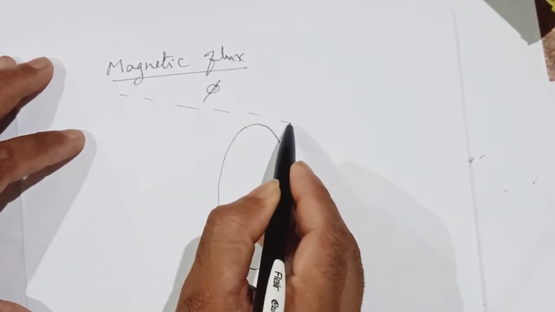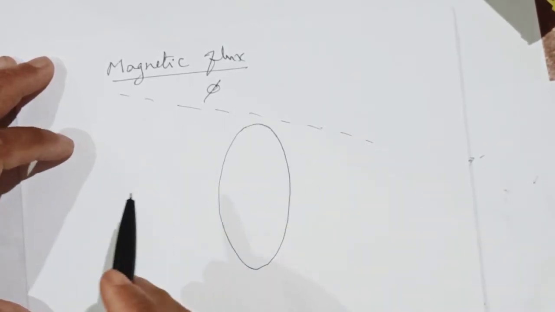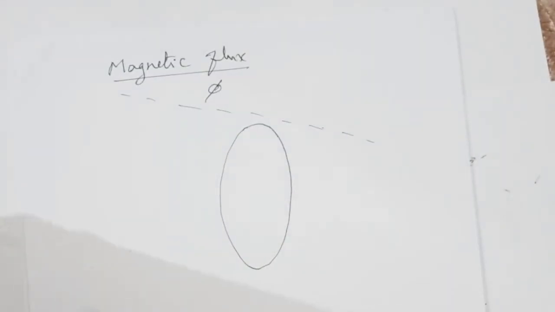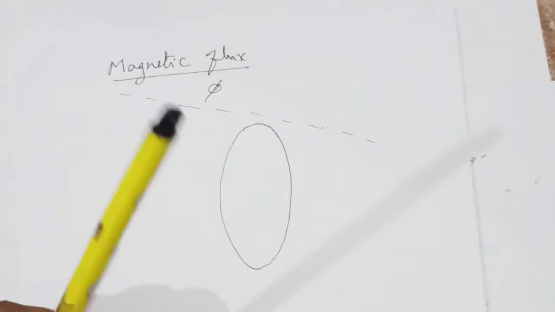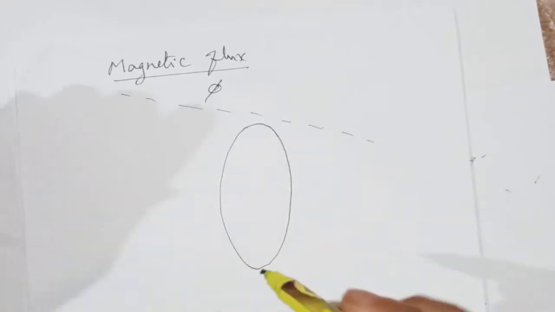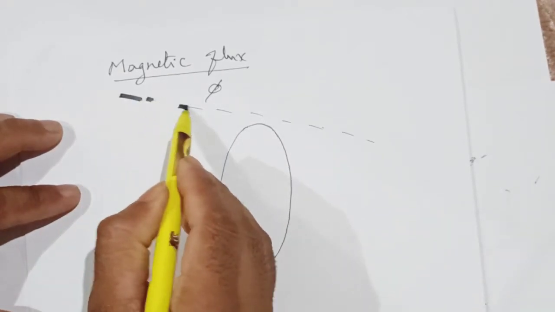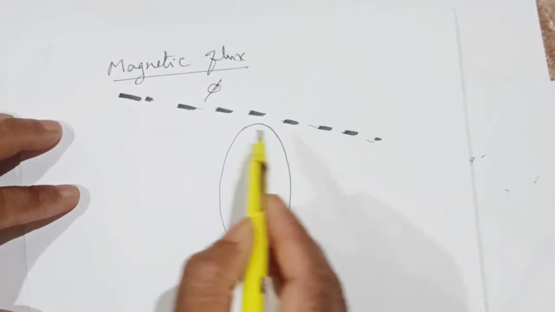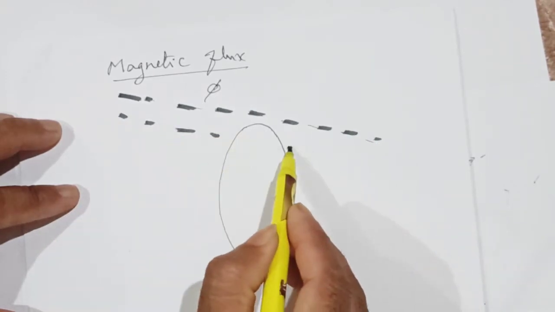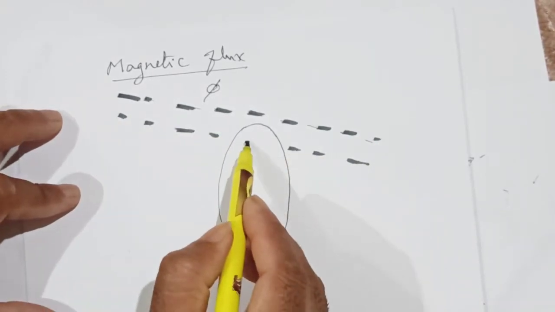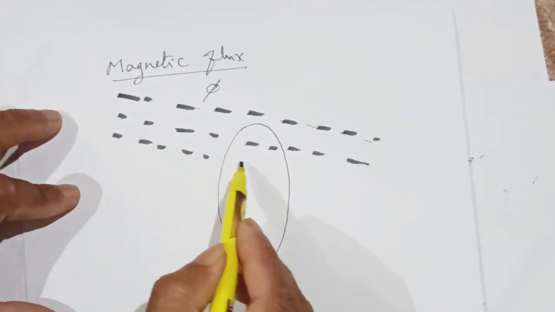Magnetic field, can you see? Let me use this sketch pen so that it will look much better. Like this, these are magnetic field lines.